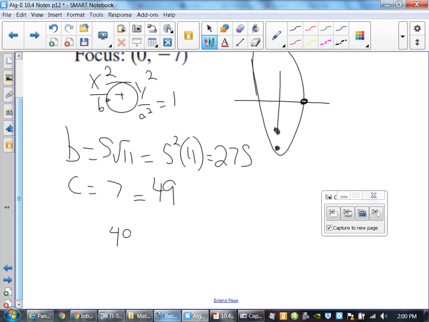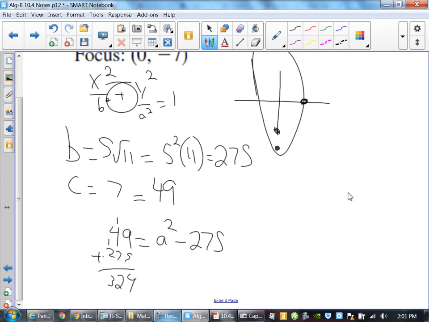So this means that 49 is going to equal a squared minus 275. What's a squared then? You just add it over. A squared is 324.